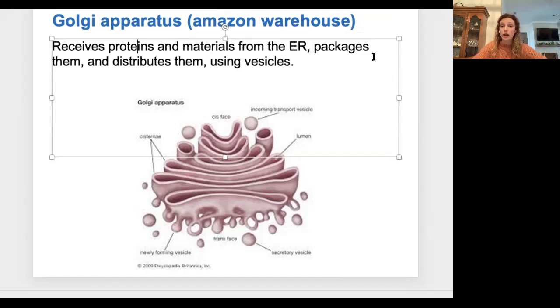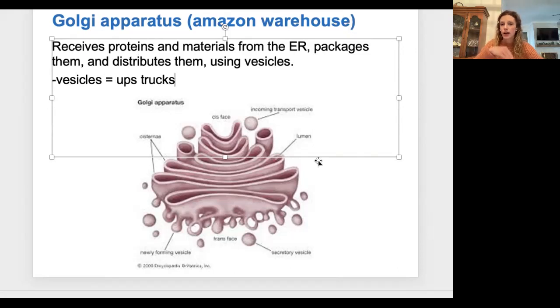Then the Amazon warehouse is going to package them into their prime shipping container and then distribute them to the prime trucks or the UPS trucks. These UPS trucks or prime trucks are these vesicles. So write down this definition, and then I also want you to write down that the vesicles equal UPS truck.